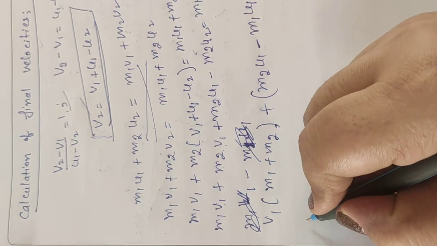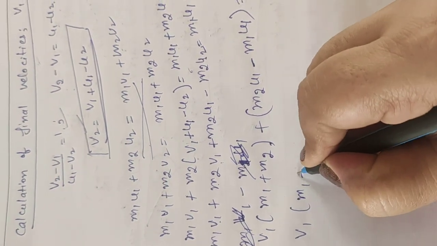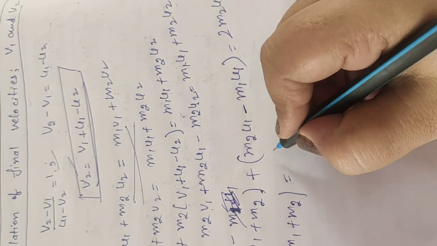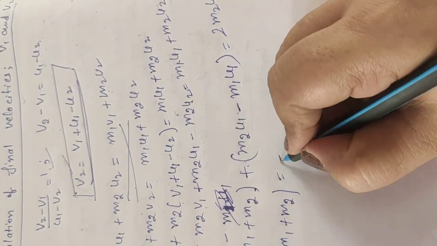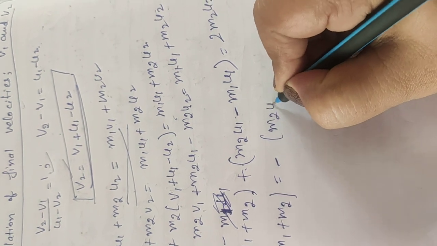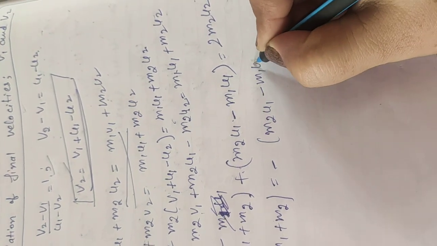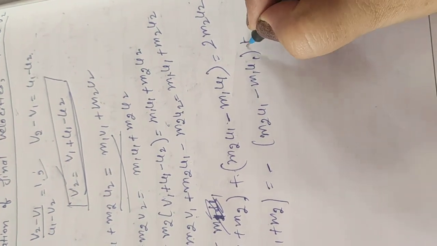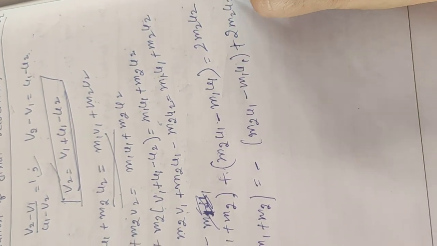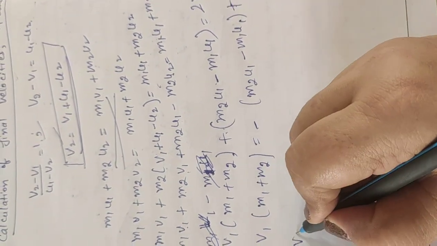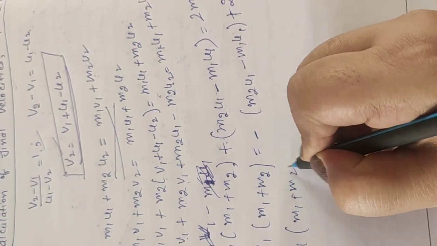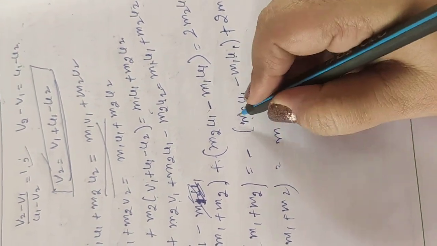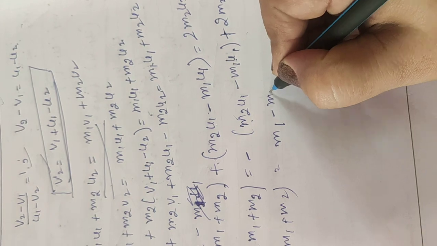So again we get v1 times (m1 plus m2). This term is taken to that side, so a negative sign will come: minus m2 u1 minus of m1 u1 plus 2m2 u2. So again v1 times (m1 plus m2), taking the sign, we take m1 first and m2 at the back.